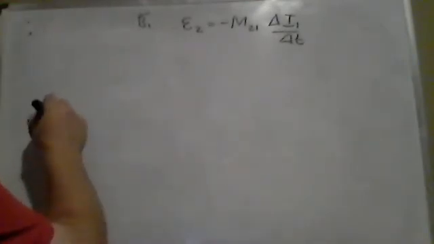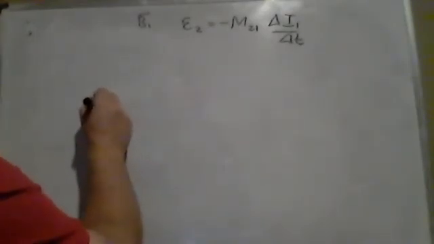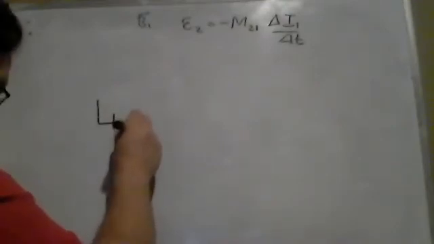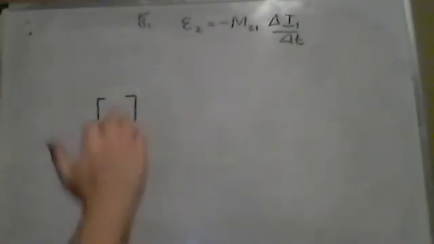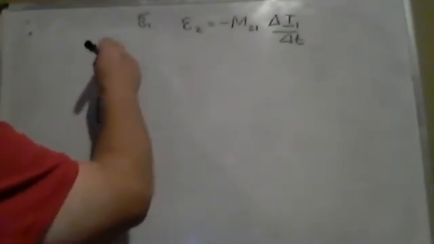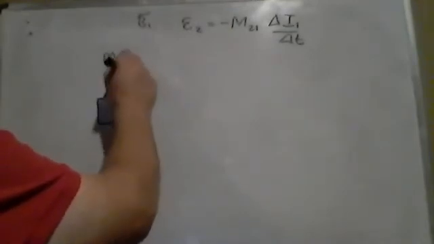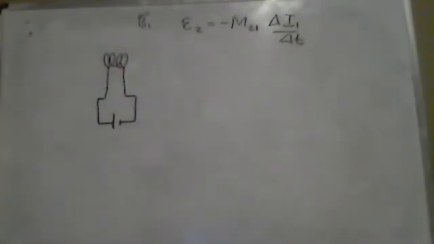Draw coil 2 first. I want the magnetic field going this way, and that's going to be an epsilon.